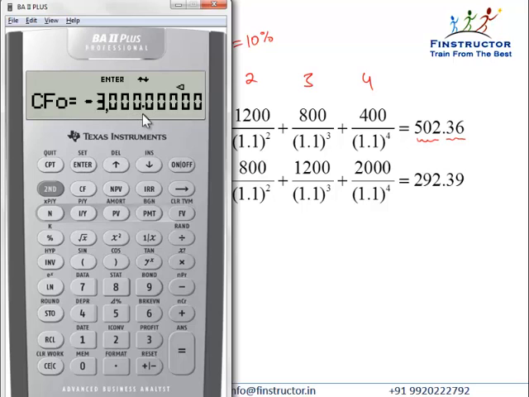Scroll down to C01, and what are we getting at the end of the first year? It's $1,800. So press the button 1800 and press enter. Scroll down again and you'll see F01 equals 1.